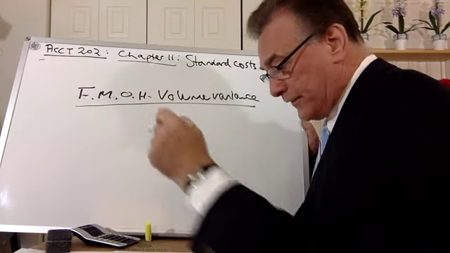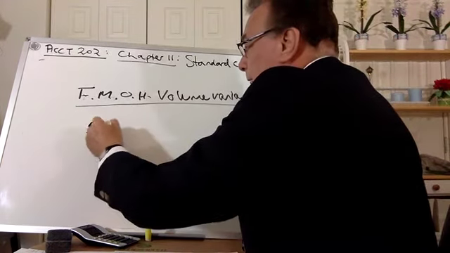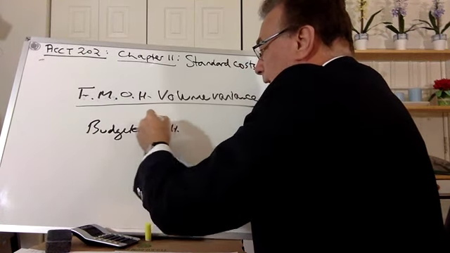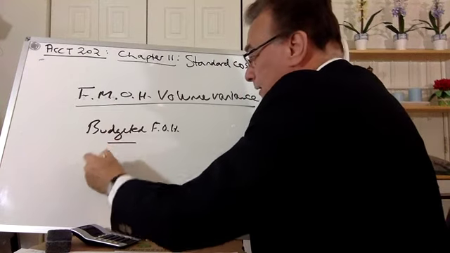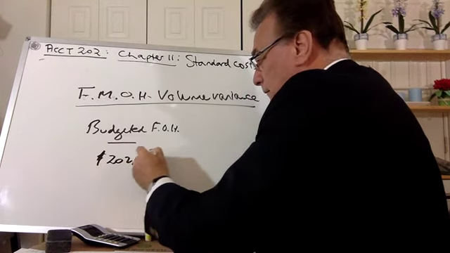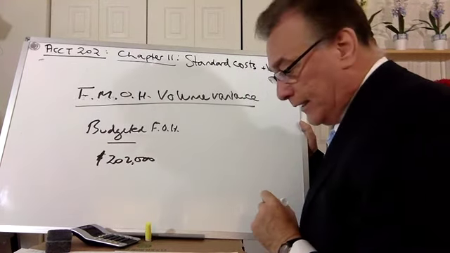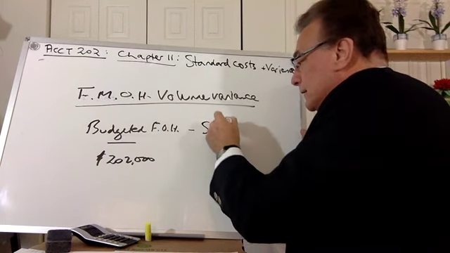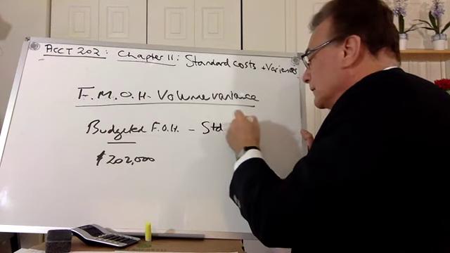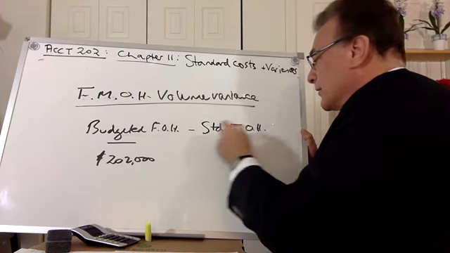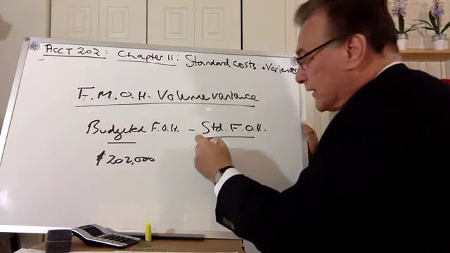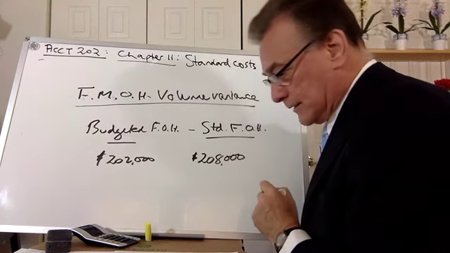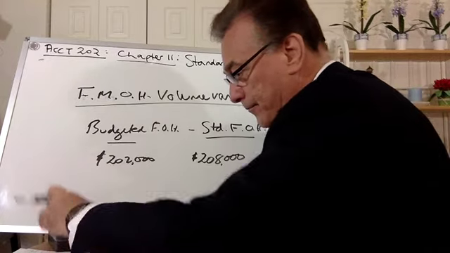So the budgeted fixed overhead is what we start with, and that is $202,000. Then we subtract from that the standard fixed overhead that would have been allocated to the production if we followed the standard, and that's $208,000. That's given to us.